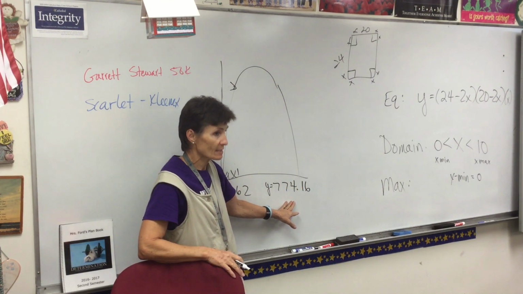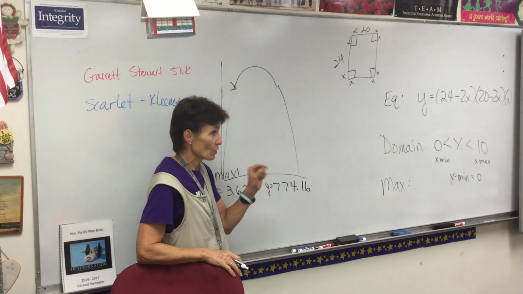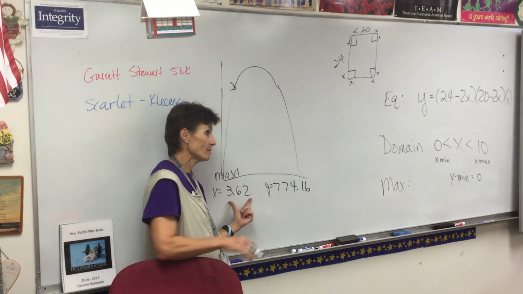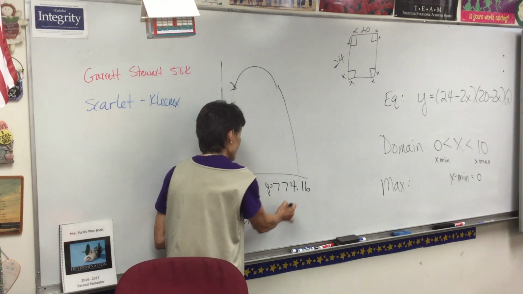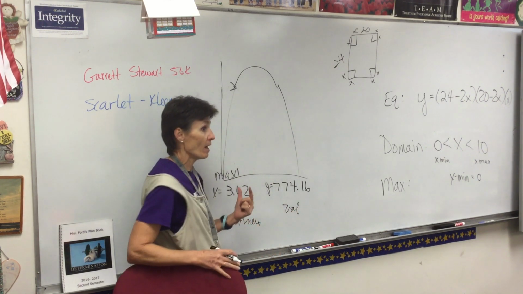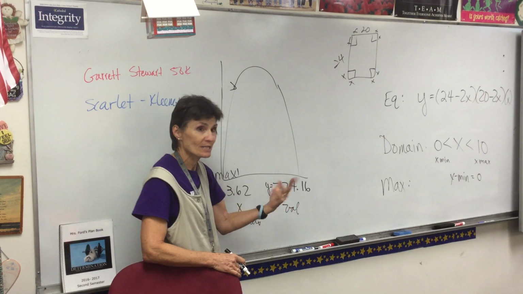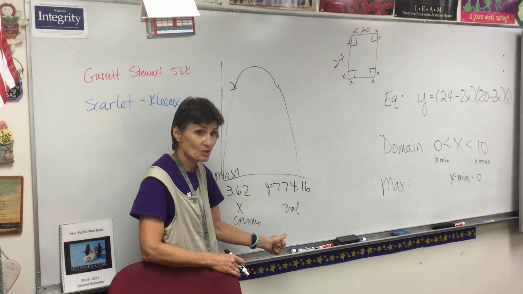The question on the test might be, how big of corners do you cut out? If the question is how big are the corners, this is the answer, right? This is the X. These are the corners. This is the actual volume. So your answer is always going to come from these two numbers. You just have to read the problem to know which one it's going to be. Does that make sense to you?